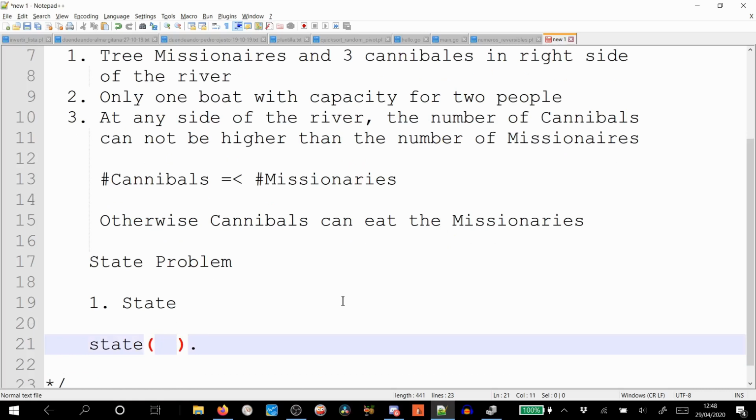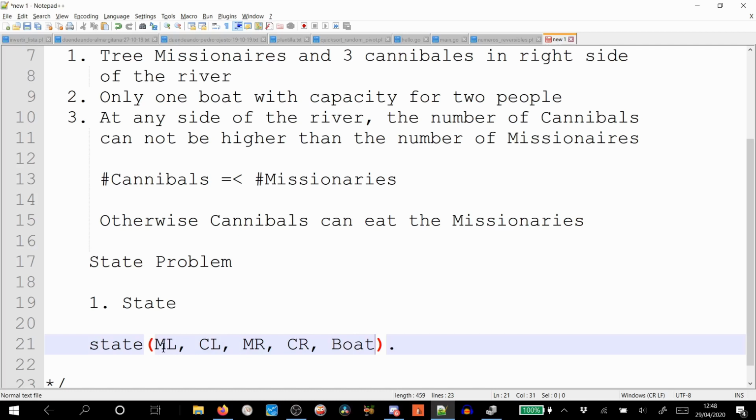For example, I could say: missionaries in the left, cannibals in the left, missionaries in the right, cannibals in the right. And where is the boat? That will be one approach to resolve that, no?